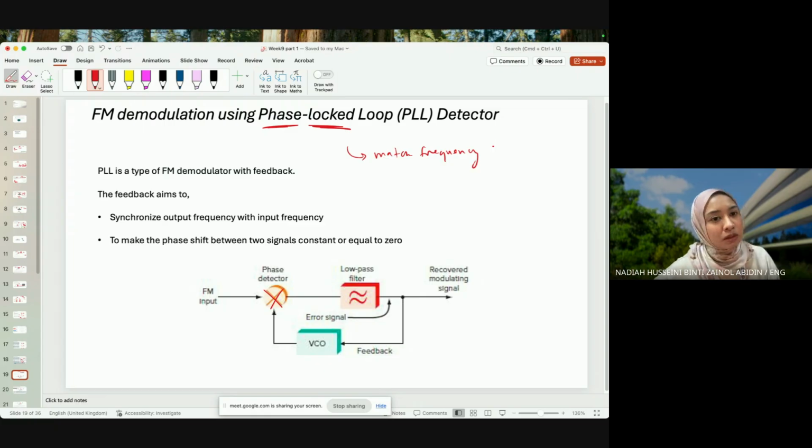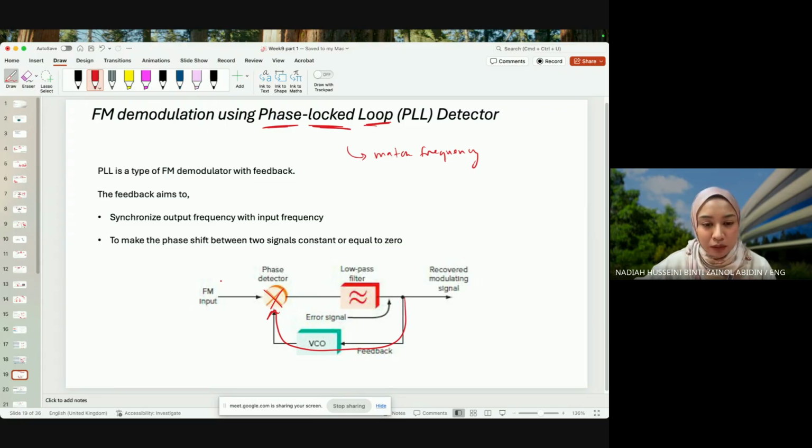When you match the frequency, they are called locked. And then we have loop because we have a feedback mechanism. So if you forget what phase locked loop is, it uses a phase detector, it matches frequency, and it has feedback.